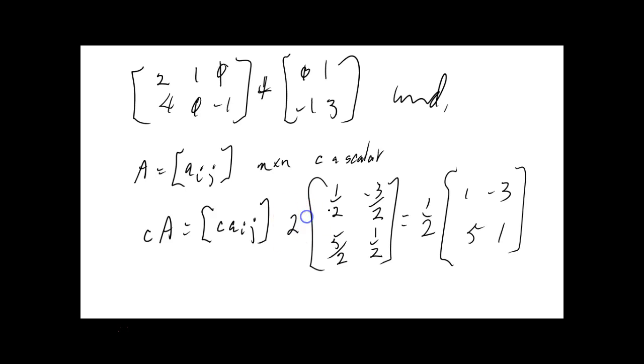If you did 2 times that, then that would be 1, -3, 5, 1, but not with the scalar. Those two are equal, because this is just a scale. I see what you're asking.